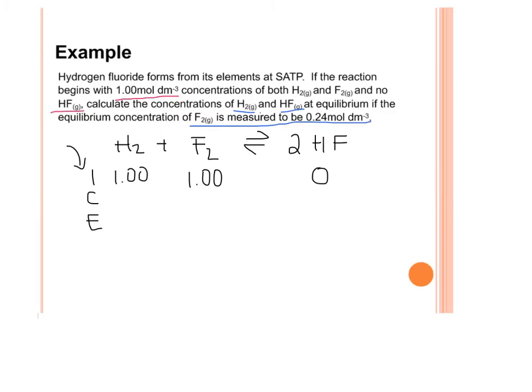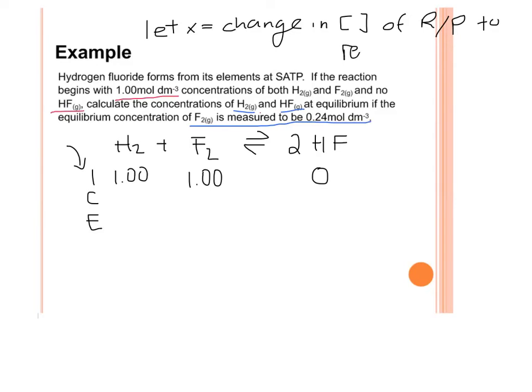Now we don't know how much the change is going to be, but we're going to say let x represent the change in concentration of the reactants or the products to reach equilibrium. These are going to change based on stoichiometric ratios.